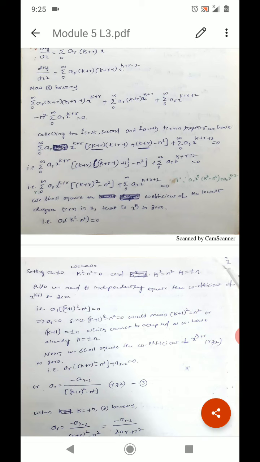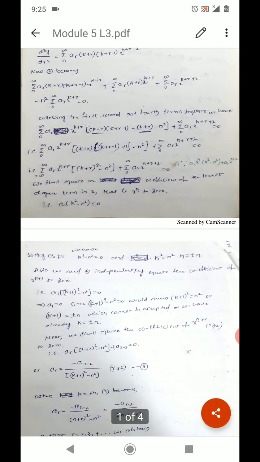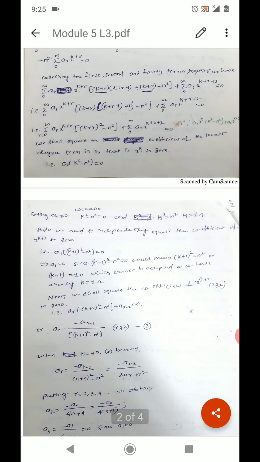By putting r equal to 0, we get a naught of k square minus n square into x power k. So coefficient of x power k becomes a naught of k square minus n square, that will be equated to 0. So taking a naught which is not equal to 0, we will get k square minus n square equal to 0. So k square is equal to n square, also k is equal to plus or minus n.